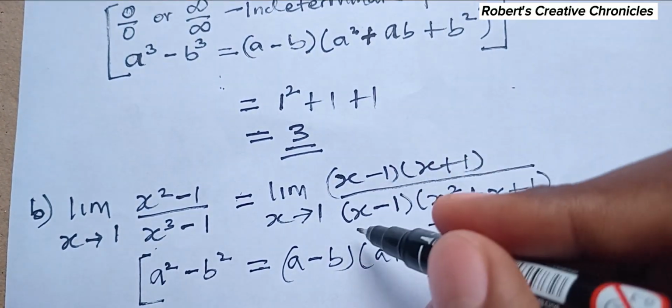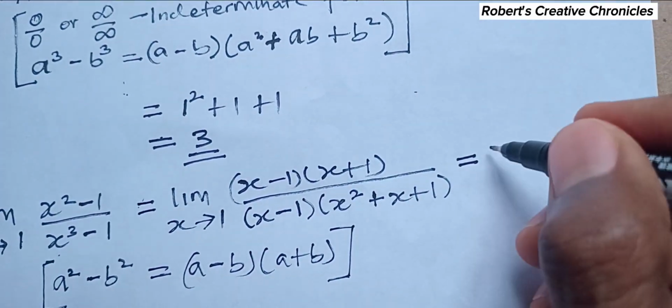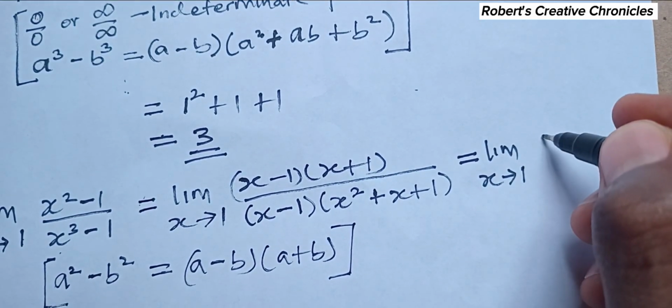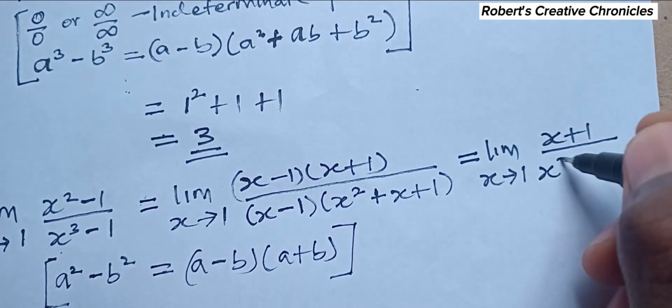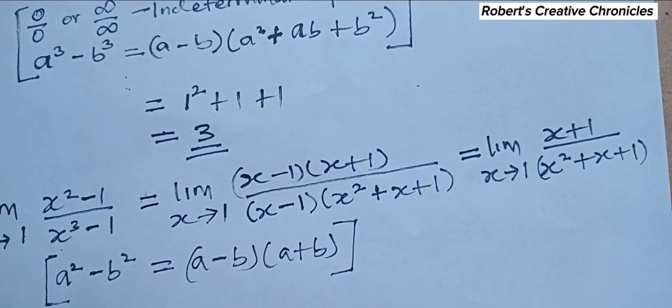So now this will go and this will go, to become, as x approaches 1, x plus 1 over x squared plus x plus 1.